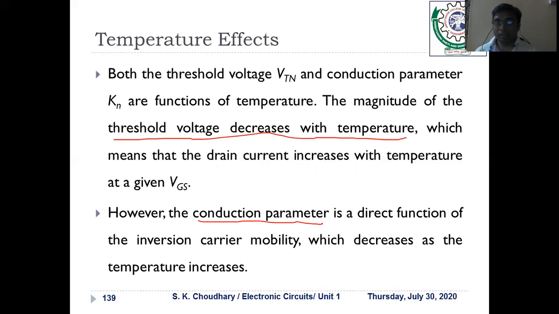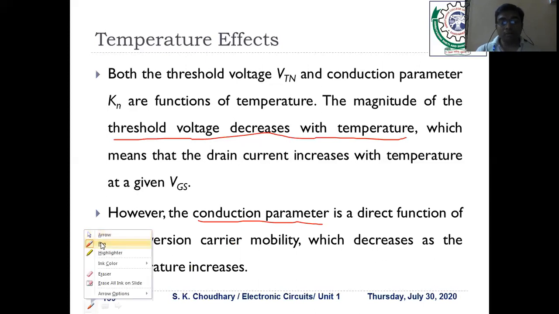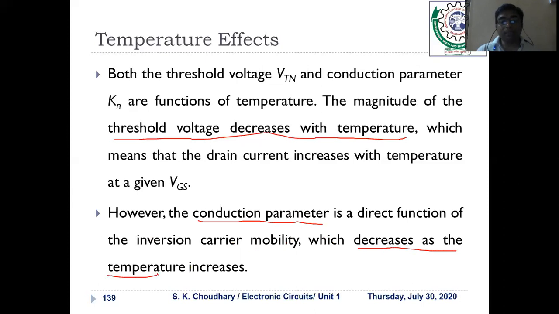Here the carrier mobility is because of electrons, so it is called inversion carrier mobility. So Kn is directly proportional to mu n. And we know from semiconductor physics that the mobility of electrons decreases as we increase the temperature. So as the temperature increases, mobility decreases.